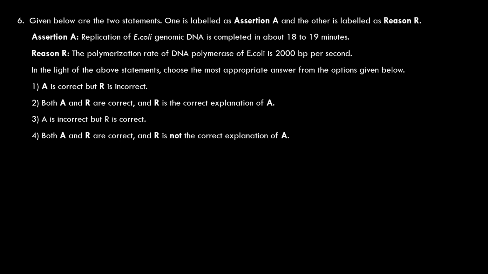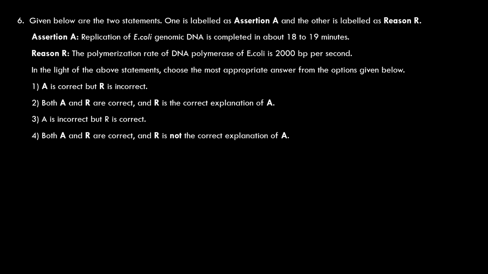So there are two sets of enzymes for DNA replication, which are able to finish the complete length of the E. coli genome in about 18 to 19 minutes. We know that it has 4.6 into 10 to the power of 6 base pairs. That's the genomic DNA.